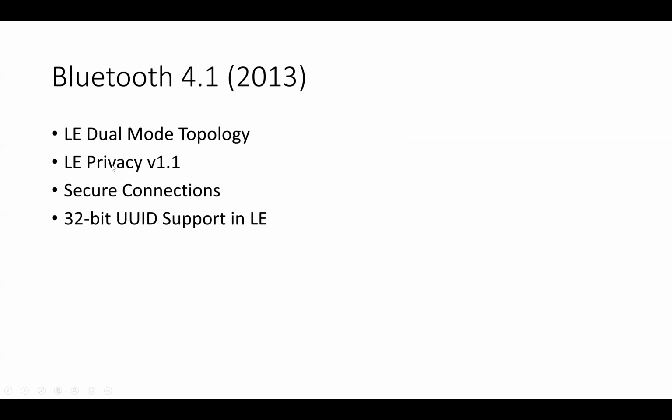The randomized addresses we talked about, LE Privacy 1.1. They needed more support for custom UUIDs, so custom characteristics and custom attributes, and that's the 32-bit UUID support. But basically 4.1 is, I think, what most people mean when they say they've implemented Bluetooth Low Energy at this point.